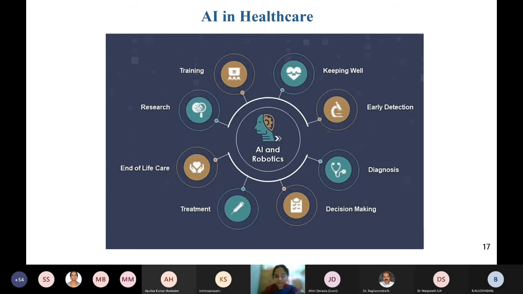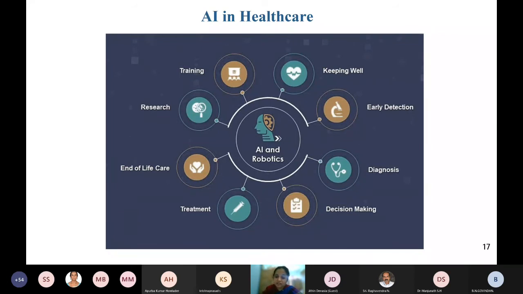Early detection, as I mentioned, the early detection of, say, Alzheimer's disease. That was one project that I had worked on. Using brain images, I was trying to predict whether an individual would be getting Alzheimer's or not after a certain age, right? It could also be like a person getting cancer. So those kinds of early detection or prediction is one thing that can happen in healthcare.